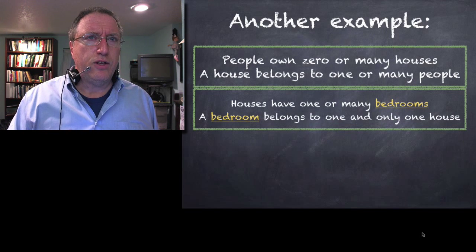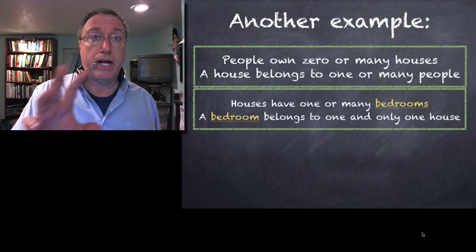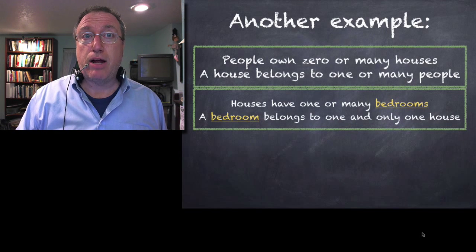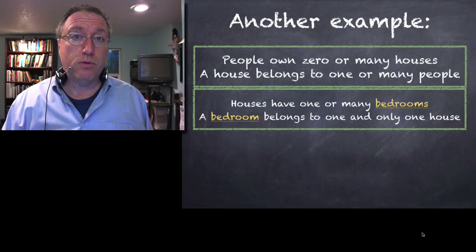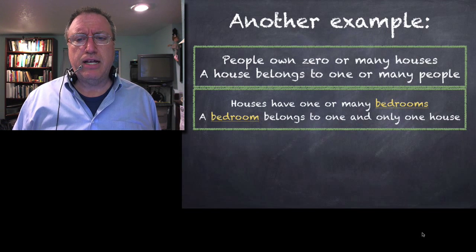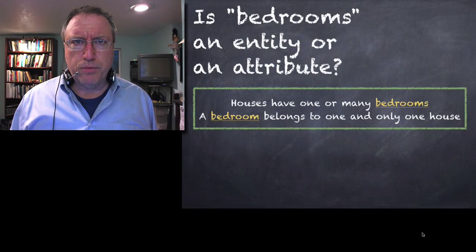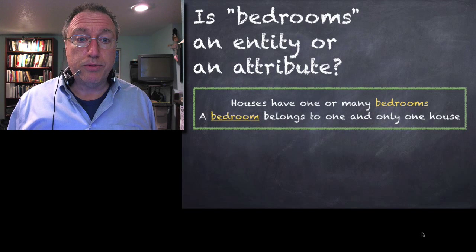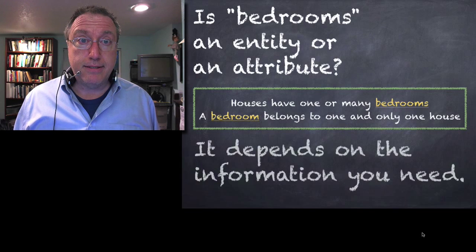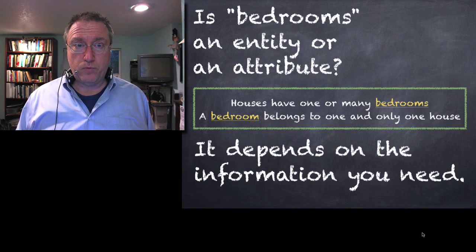Notice that you may find situations in your analysis where this rule isn't exactly the right rule, and you and your customer will sort that out. But let's work on these rules just to understand the question: is bedroom an entity or an attribute? Again, it depends on what kind of information you need.